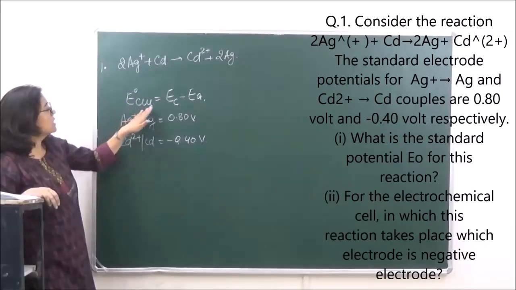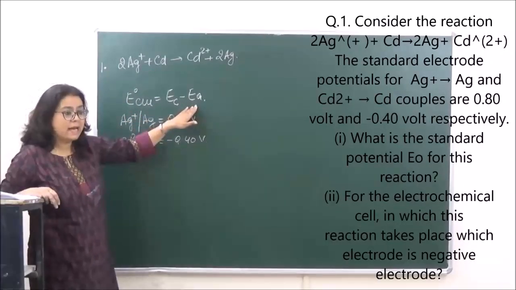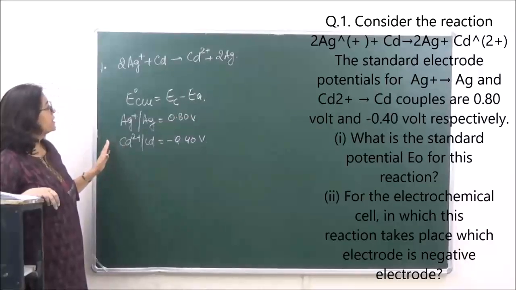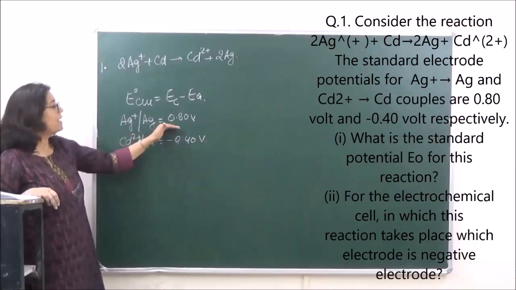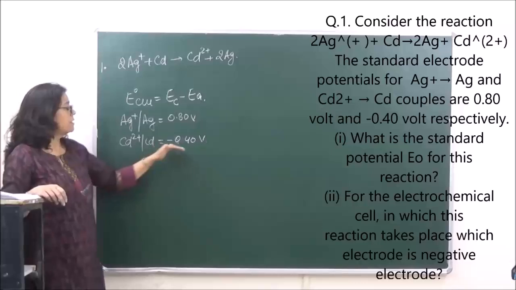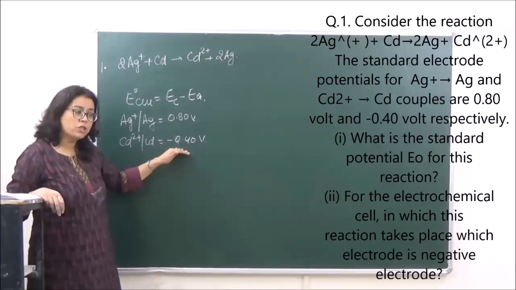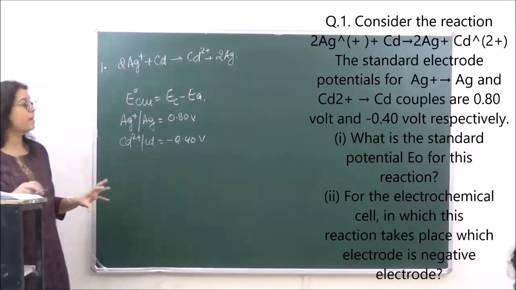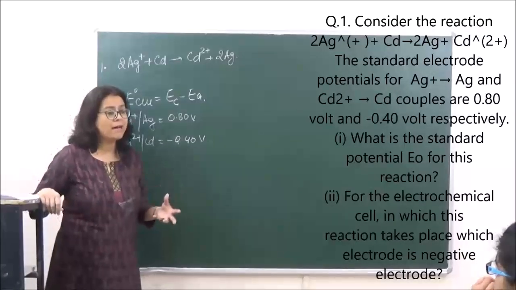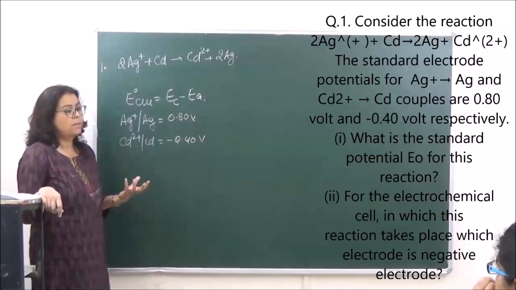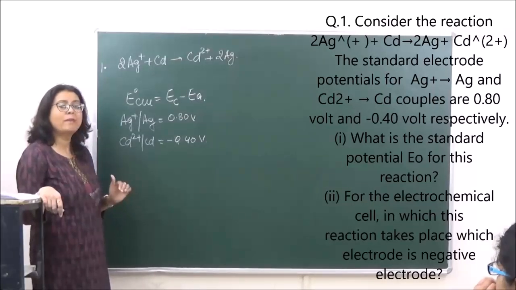E naught cell is equal to E cathode minus E anode. So cathode over here is going to be Ag, where reduction is taking place. So the value of the cathode is 0.80 volt and the value of the anode is minus 0.40 volt. So we are just using a trick over here. You have to subtract the smaller value from the larger value. बड़ी value से छोटी value को minus करना है.